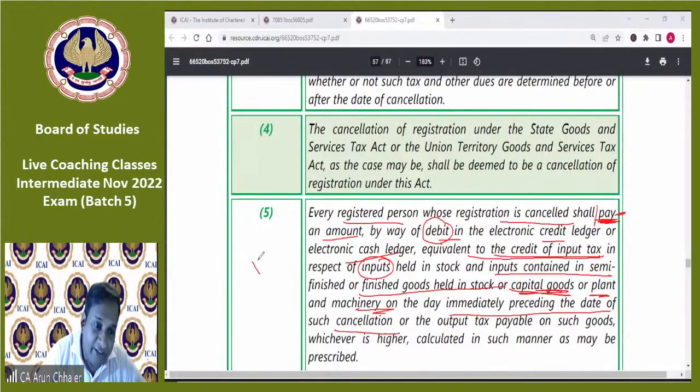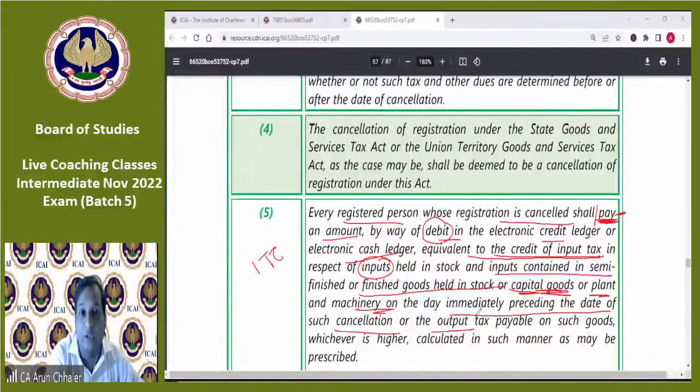So whatever the ITC is on the stock, semi-finished goods or finished goods, or even capital goods. For capital goods, we have to apply the proportionate concept of Rule 44. You remember, we discussed in the ITC chapter with respect to Rule 44, the life is to be assumed as 5 years for capital goods.